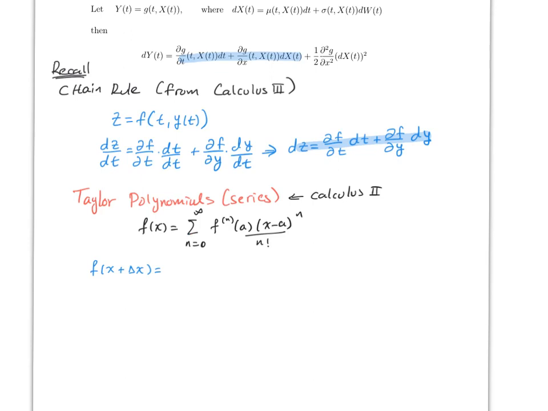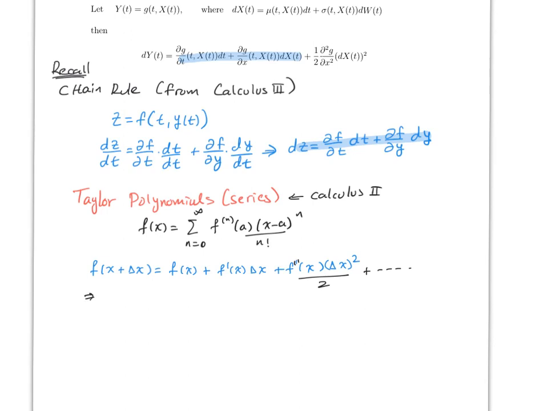If we use this formula and expand around x with increment delta x, this will be the same thing as f of x plus f prime of x delta x plus f double prime of x times delta x squared over 2, and then this keeps going.